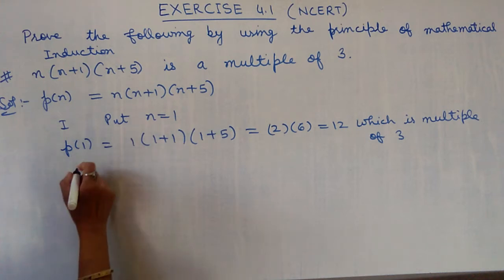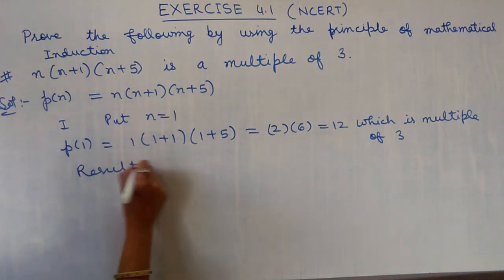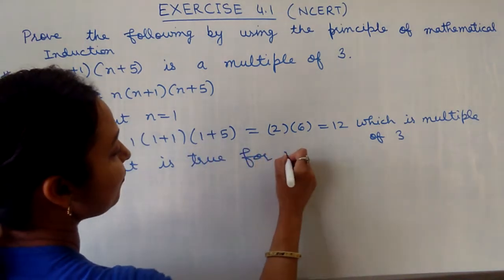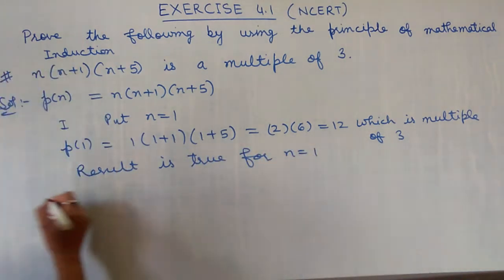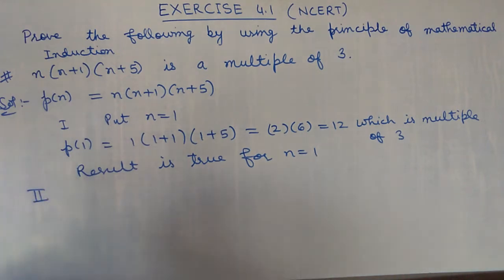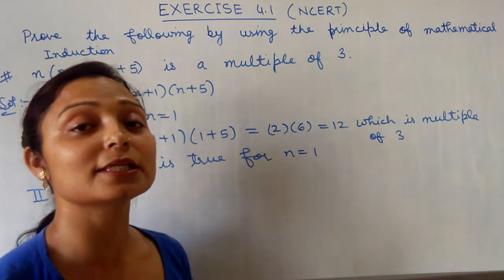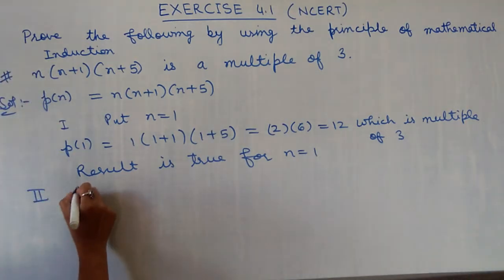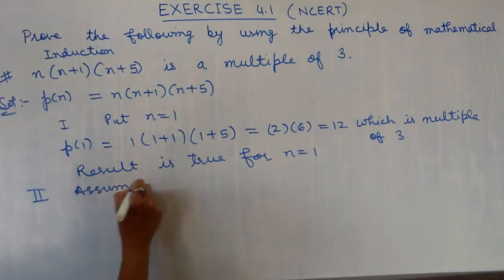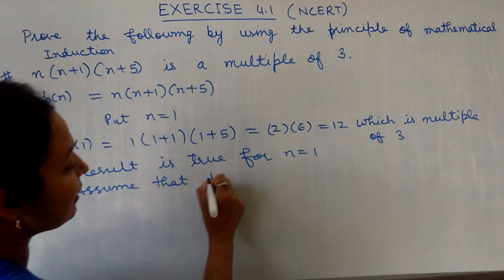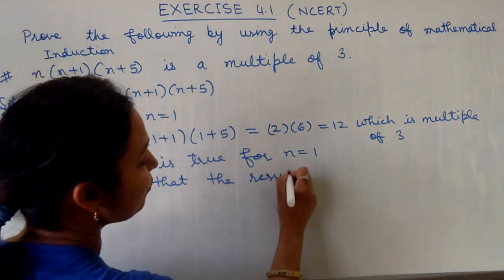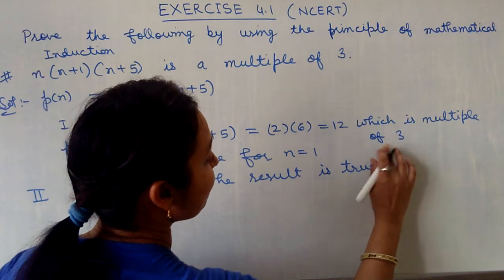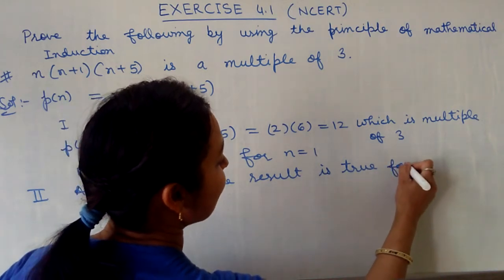That means the result is true for n equals 1. Now step 2: assume that the result is true for n equals k.